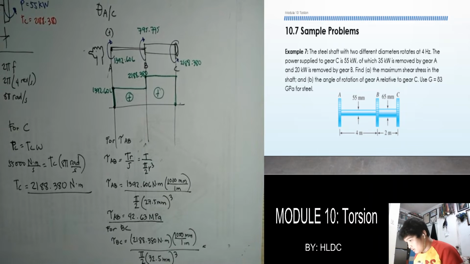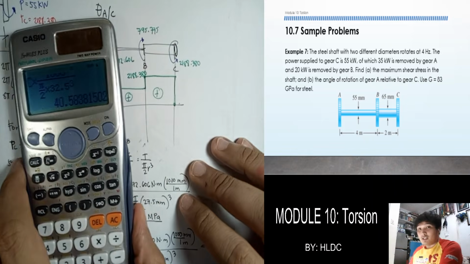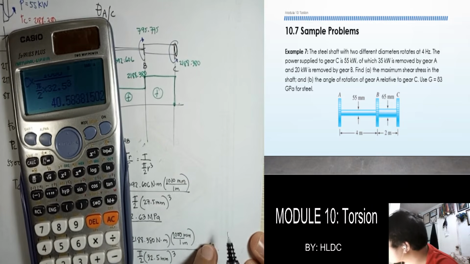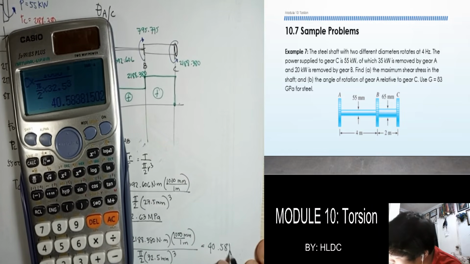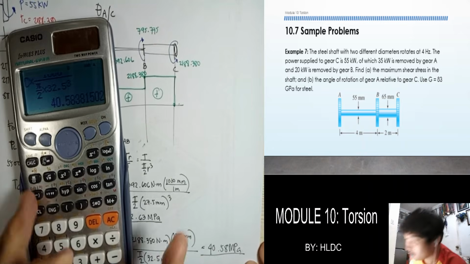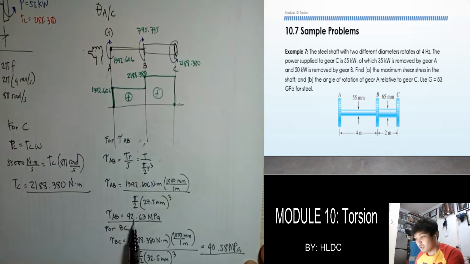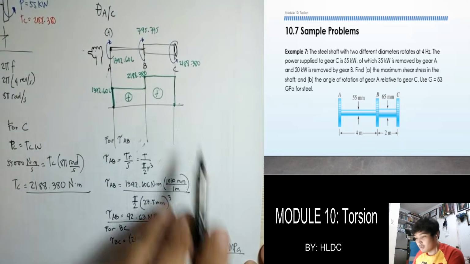So that is 40.58 MPa. Okay? So, ibig sabihin, sa segment na to, ang nare-receive niyang shear stress is ito. Para naman sa BC, ito naman.